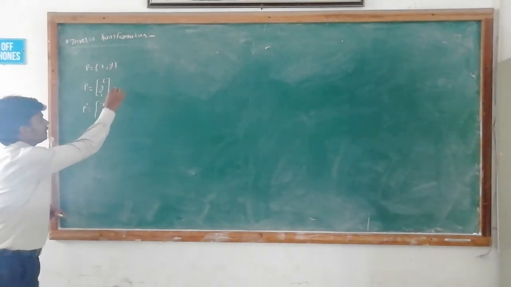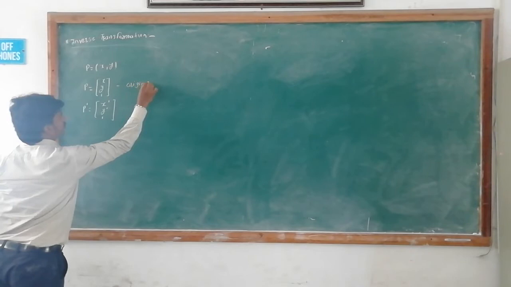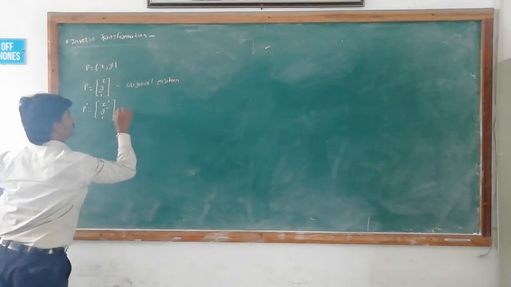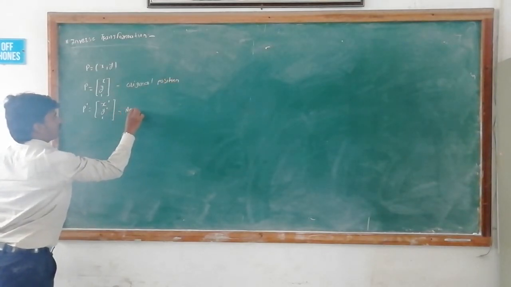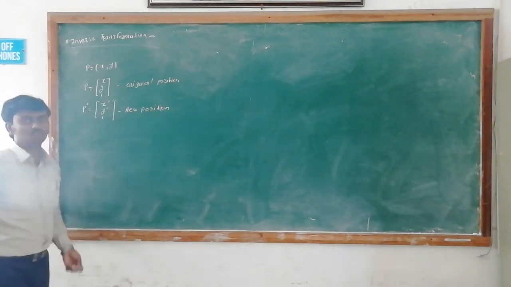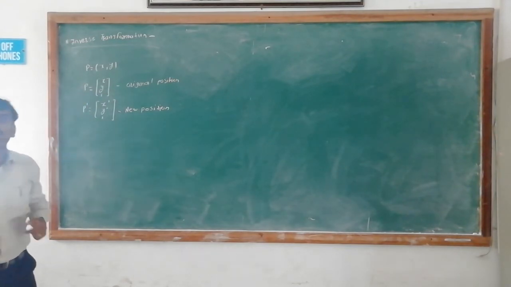P is the original position and P dash is a new position. We have done some transformation on this point P so that we get the point P dash.